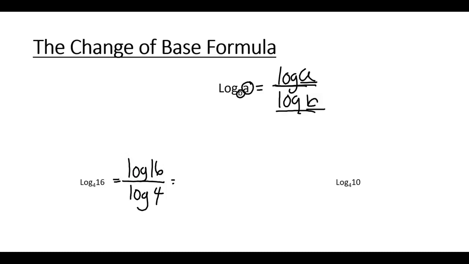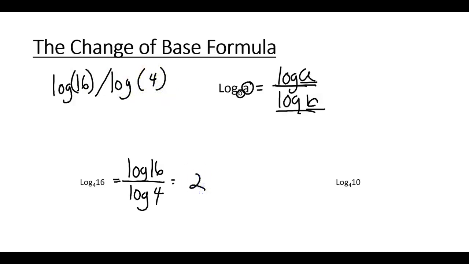Other calculators will let you type this whole thing all at once. On my calculator, it's one that I can type in all at once. So when I type it, it's going to look like this. And after I push equals, I get 2.